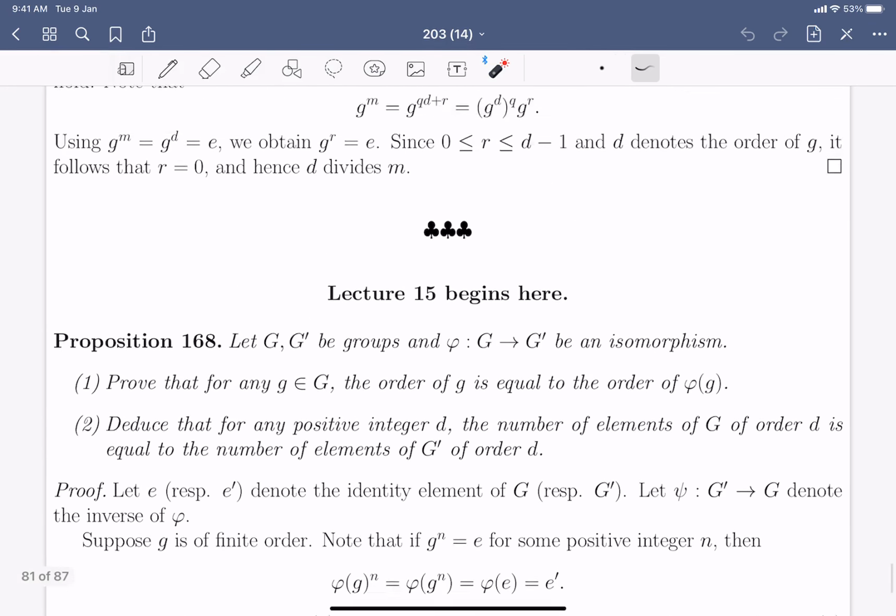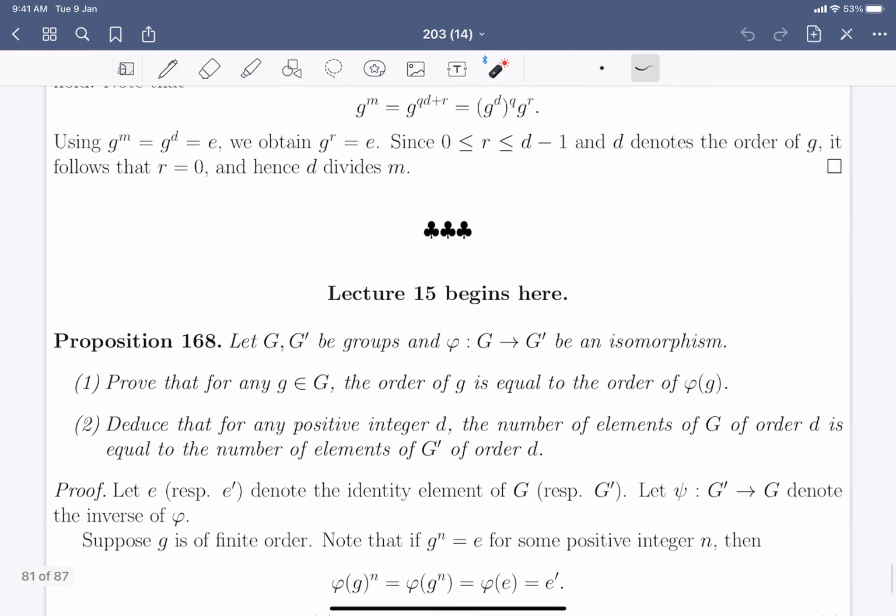Once you have a bijective function, you can talk about its inverse, and the inverse of a group isomorphism is also a group isomorphism. So the inverse of phi is a bijective function from G prime to G, and it is also a group isomorphism. In particular, psi is a group homomorphism.